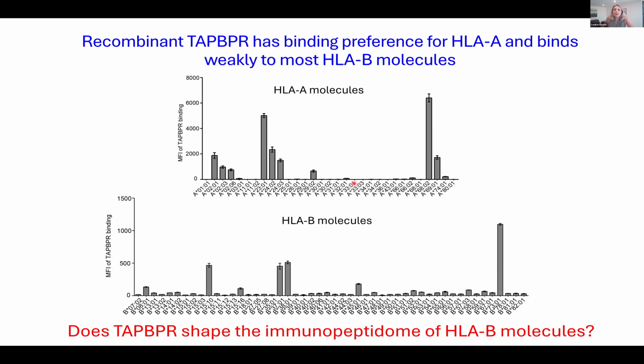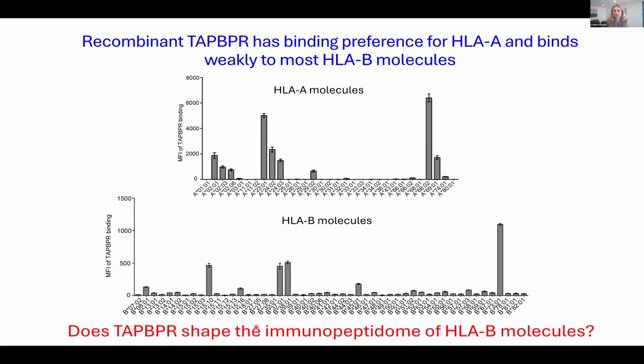So we've shown that TAPBPR has a preference for binding HLA-A molecules, particularly those of the A2 and A24 superfamily, and it binds relatively weakly to HLA-B and C molecules. And we can load peptides onto these HLA-A molecules, but we were really curious what TAPBPR does, if anything, to the MHC class 1 molecules to which it binds weakly.